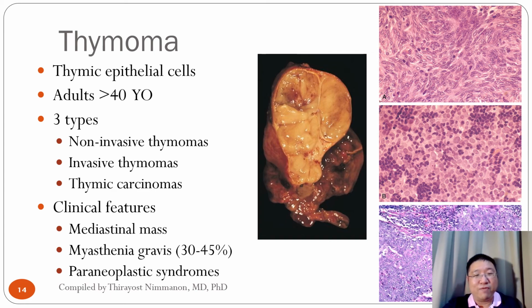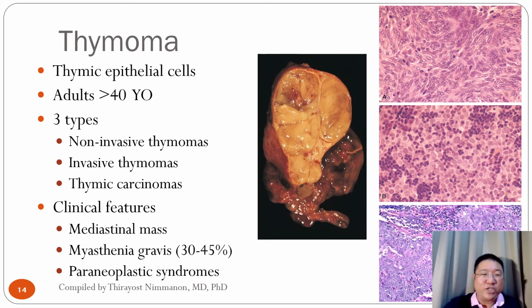Thymoma can be divided into three types: non-invasive thymoma, which is totally benign, with benign behavior and benign looking cells; invasive thymoma, where the cells look good but invade into the surrounding tissue; and thymic carcinoma, where the cells look ugly and behave badly as well.